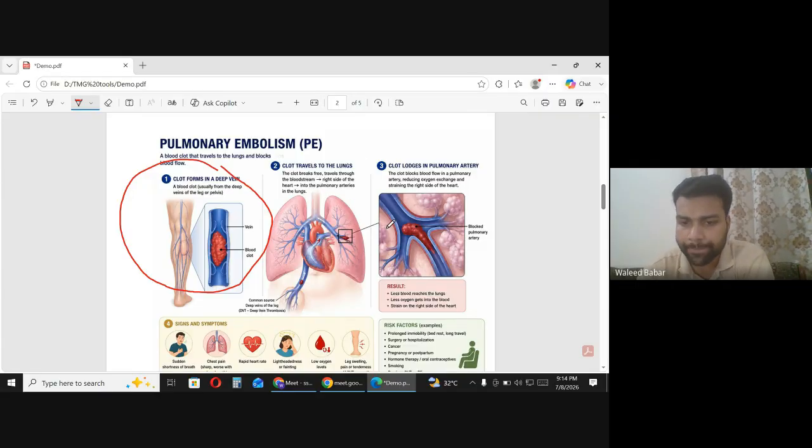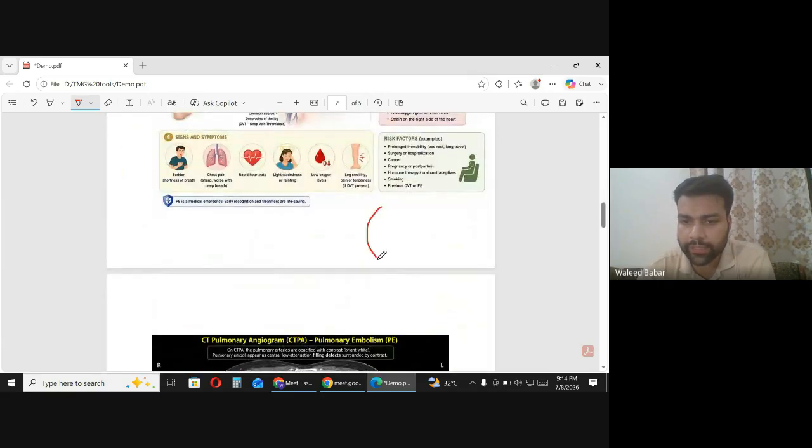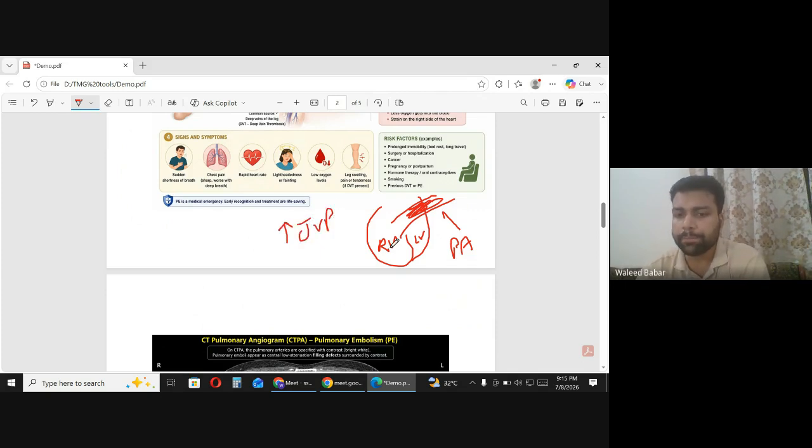This is the pulmonary artery, and it is blocked, so the right ventricle will be under high stress. This is the left ventricle. The blood will back up into the right ventricle and jugular vein. That's why we will have increased jugular venous pressure, because the right ventricle cannot pump blood into the lungs and that blood cannot come into the left ventricle. We will have decreased left ventricular preload. That's why we will have decreased systemic BP and shock.